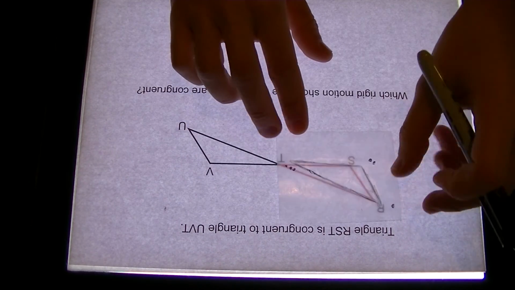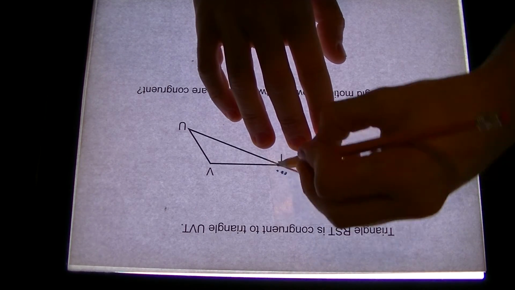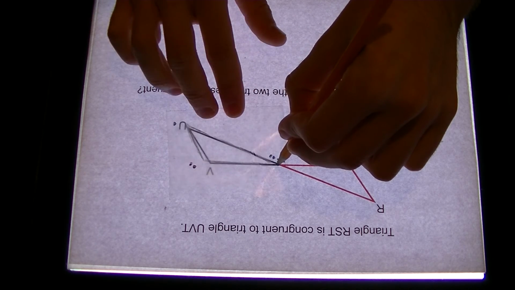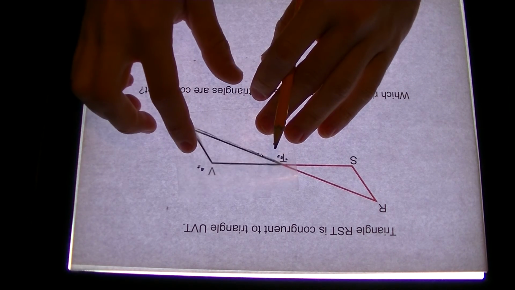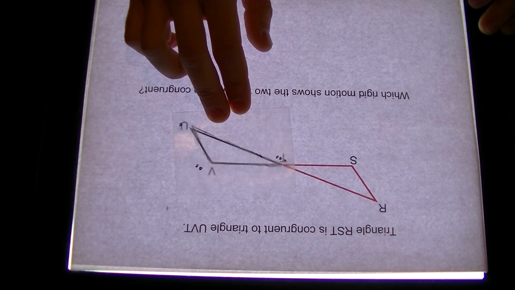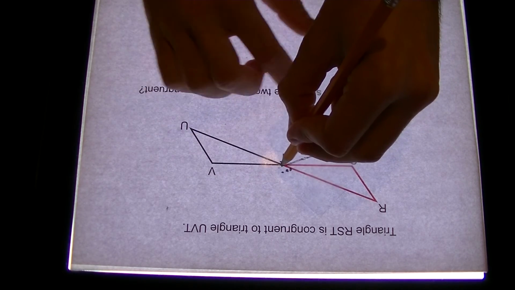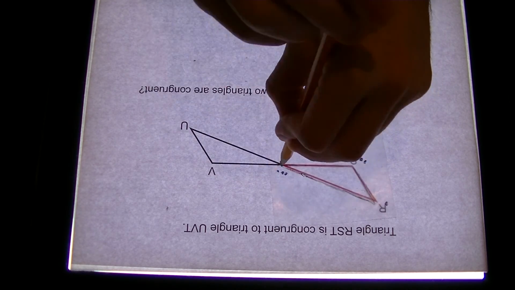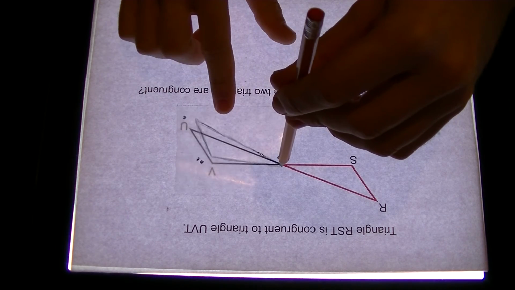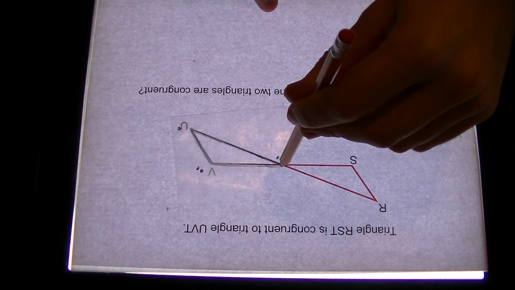But if I do one single rotation centered around point T, I can see at 180 degrees that triangle RST maps perfectly onto triangle UVT. And notice that my one dot was on R, and after that, that same point is over U. So that means that R and U are corresponding points.